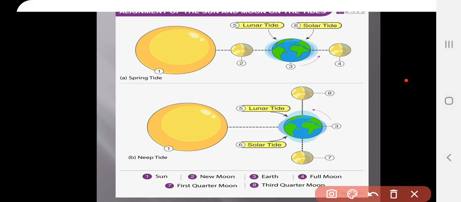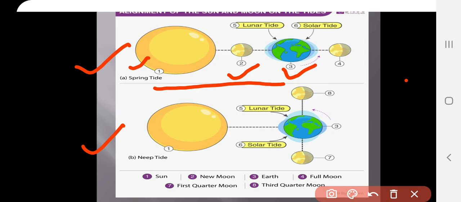This is the spring tide and this is the neap tide. Here, number 1 is the sun, number 2 is the moon, number 3 is the earth. This is the position of sun, moon and earth during the lunar tide and solar tide.